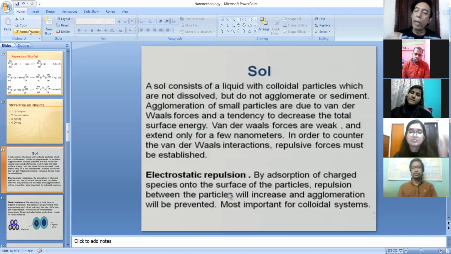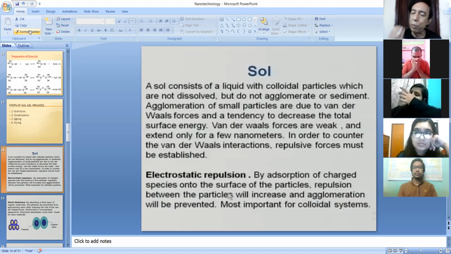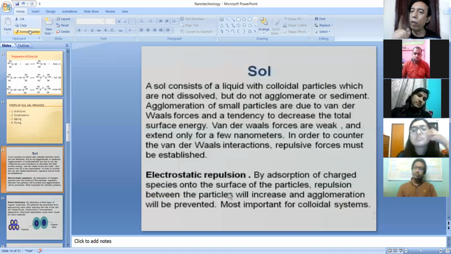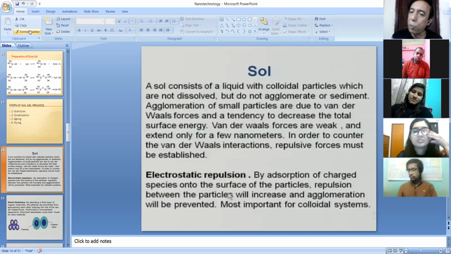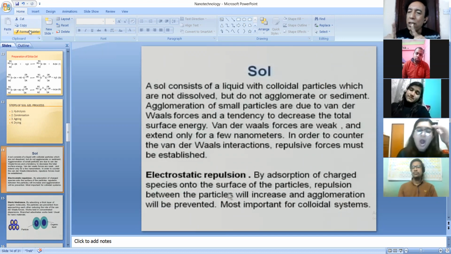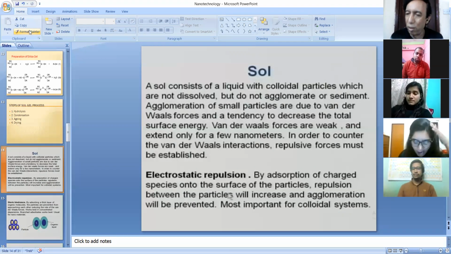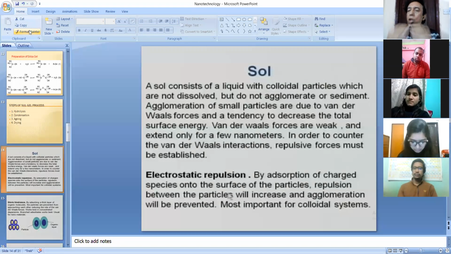So to get a nano-sized molecule, we have to prepare the sol first. Why is sol prepared? Because one sol repulses the other sol, so that no agglomeration or coagulation occurs, and we shall get a nanomaterial.